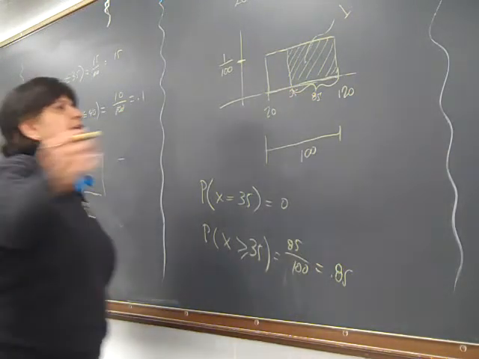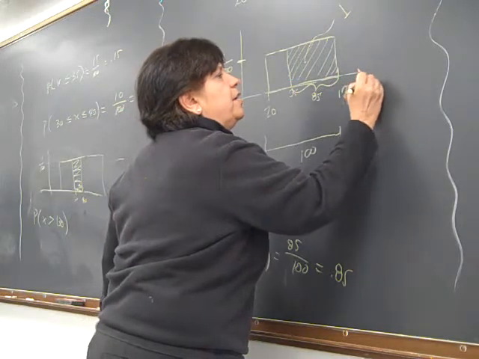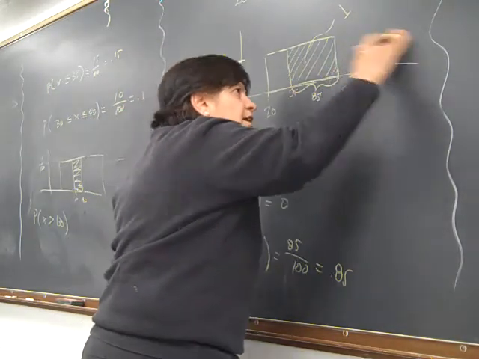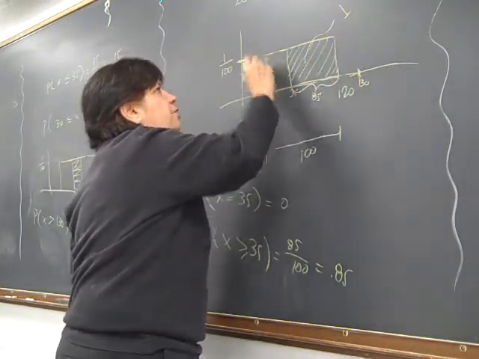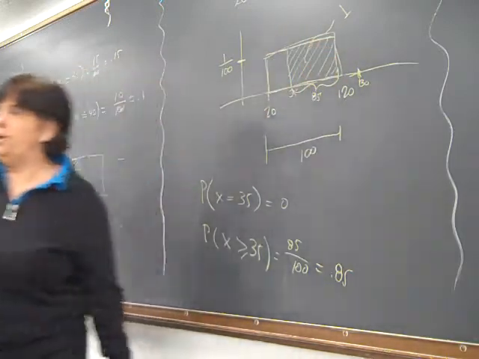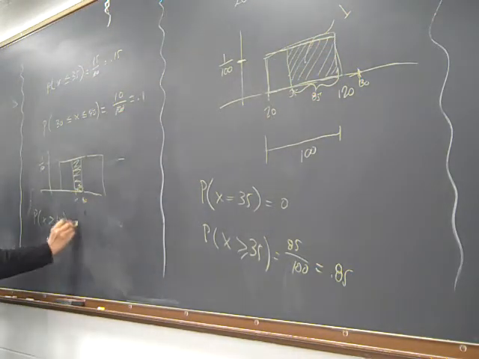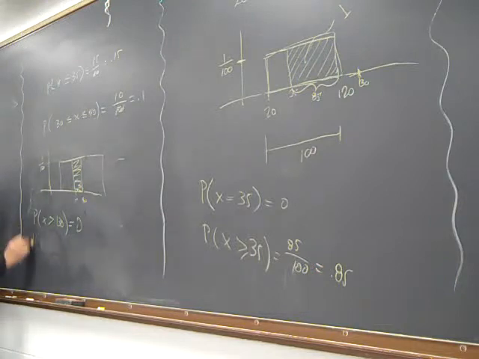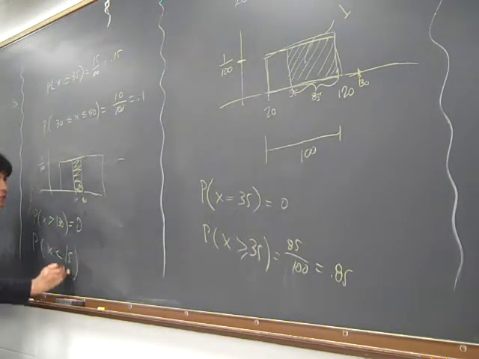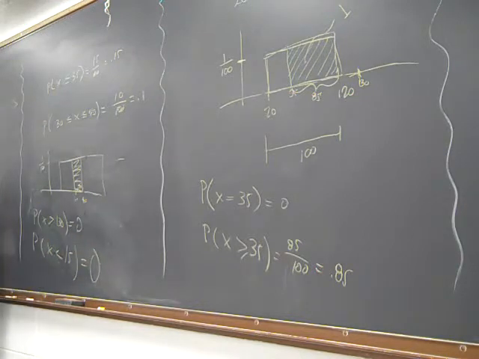The 130, guys, is over here. There are no areas over here. The area is only in this interval. So it's 0. What is the probability that x is less than $15? 0. There are no areas below 15. These particular examples go between 20 and 120.